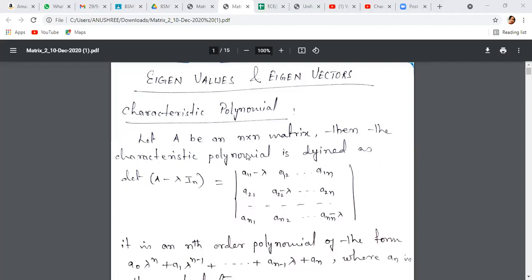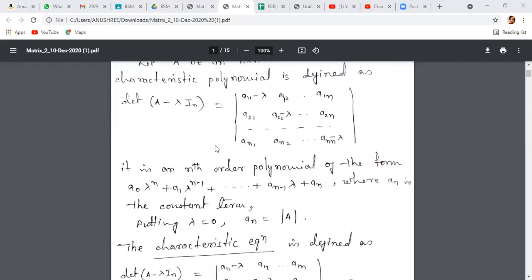Since we have taken an nth order matrix, the characteristic polynomial is of nth power, so it takes the form a0 lambda to the power n plus a1 lambda to the power n minus 1, and so on, plus a_(n-1) lambda plus a_n, where all these a0, a1, a_n are constant quantities according to the matrix given to you.